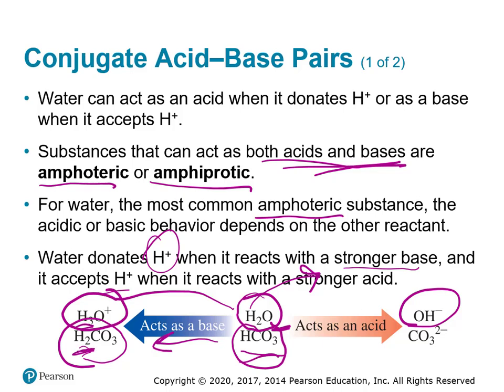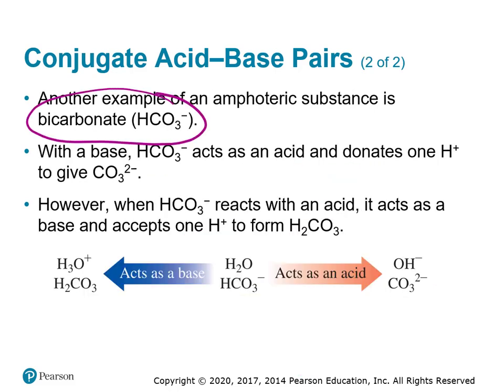So it gained an extra hydrogen. We can also take HCO3-, and if it acts as an acid, get rid of that H, it leaves me with CO3, and instead of a -1 charge, it's a -2 charge. We know this is carbonate. So that's another example, bicarbonate, of an amphoteric substance.